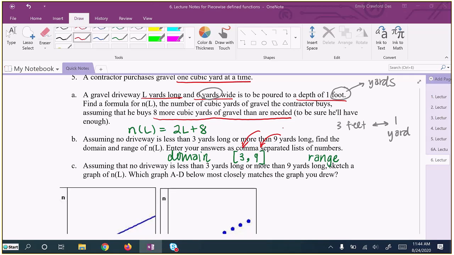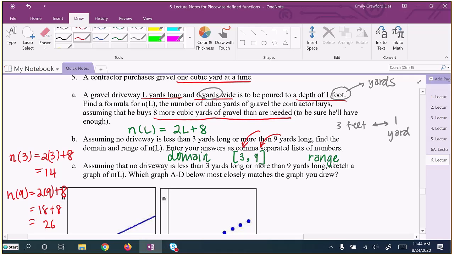So let's find N of 3. N of 3 is equal to 2 times 3 plus 8, which is 6 plus 8, that's 14. And N of 9 is 2 times 9 plus 8, that's 18 plus 8, which is 26. So then my range is everything from 14 to 26.